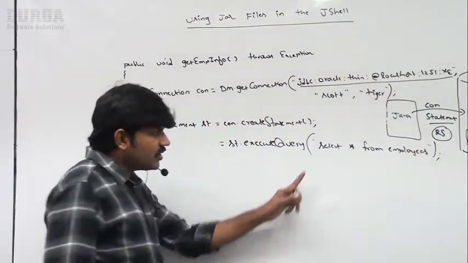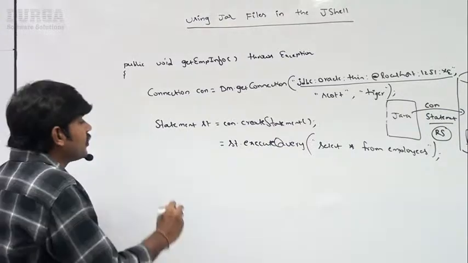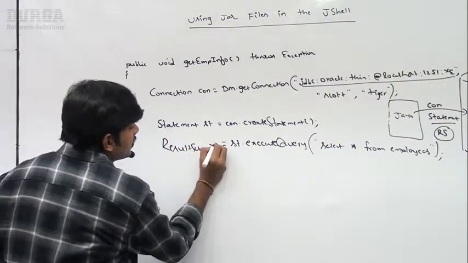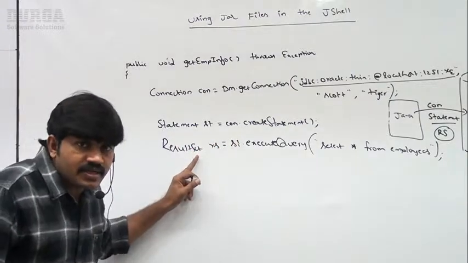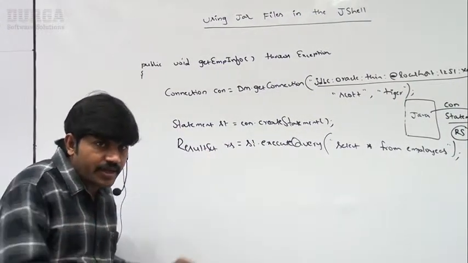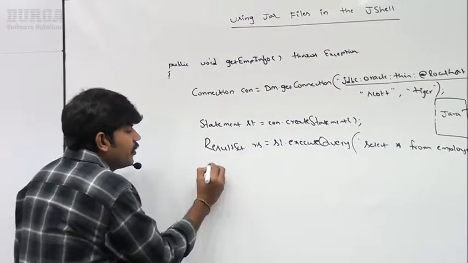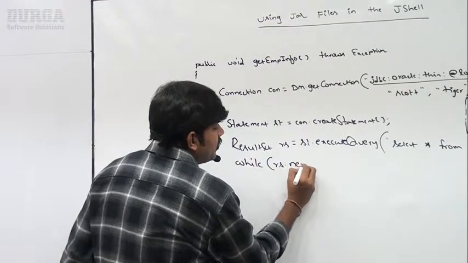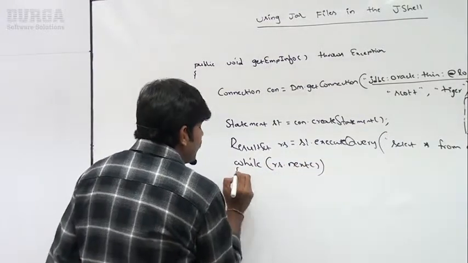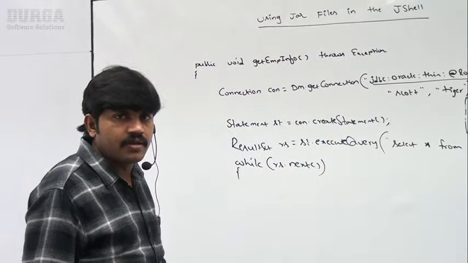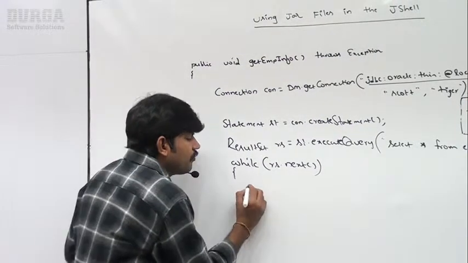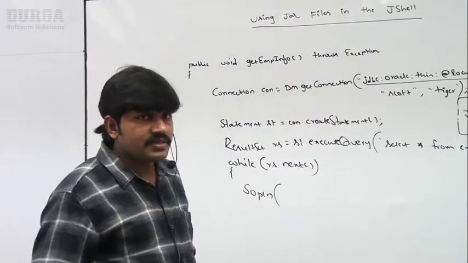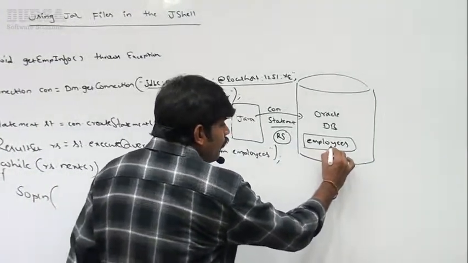Once you executed this query, what are you going to get? ResultSet rs. The result set contains all employees data. Remember, now what do I have to take? while rs.next. Sir, if the next record is available, can you please print with System.out.println? The employees data contains 4 columns.